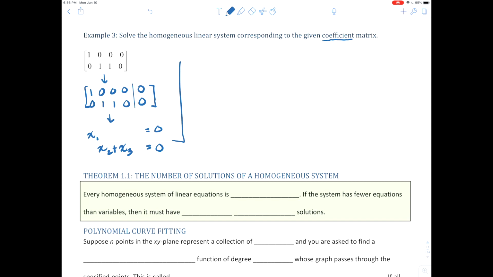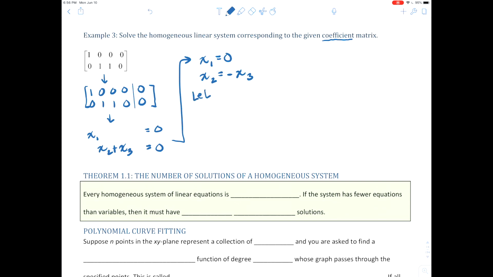But what can we do with this? Beautiful. x1 is just 0. It's good to go. But couldn't x2, so we'll keep that, x1 is 0, but x2 is equal to the opposite, or the negative, of x3, right?